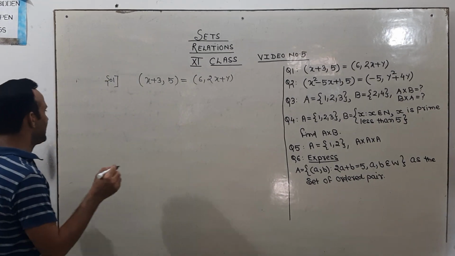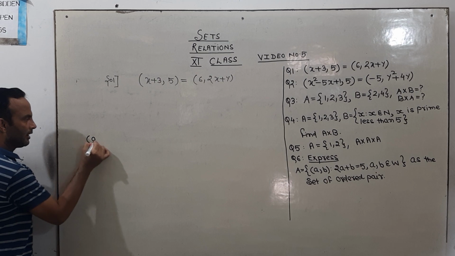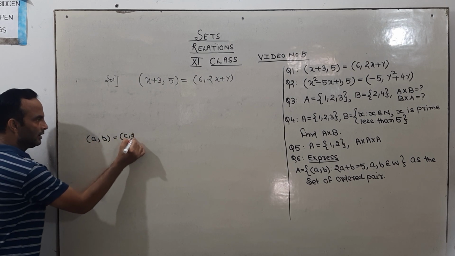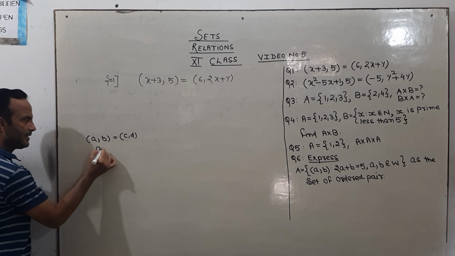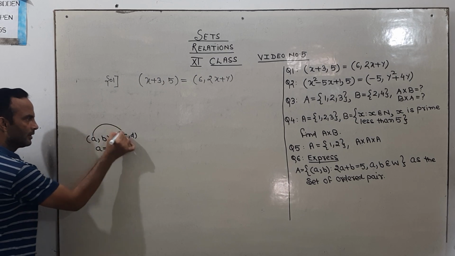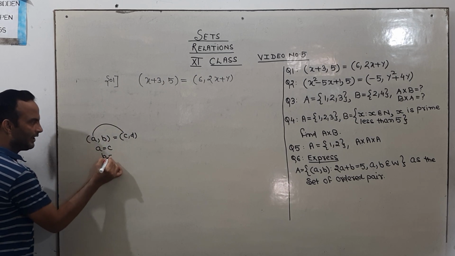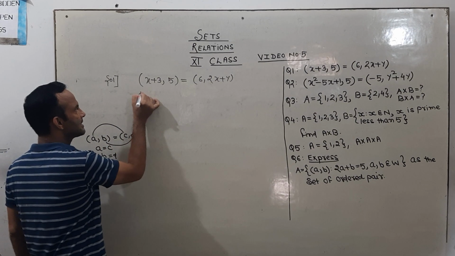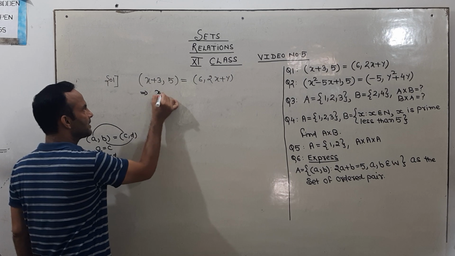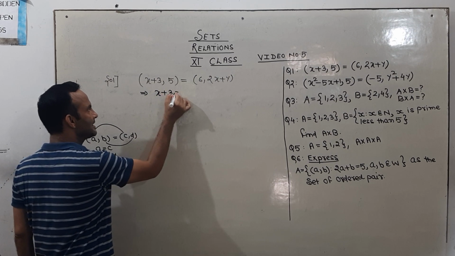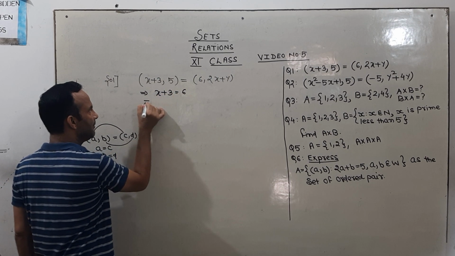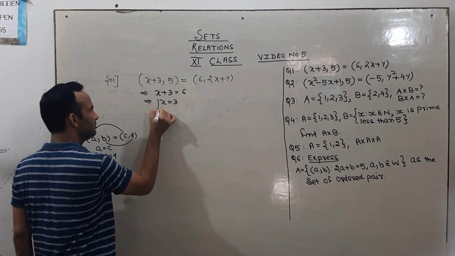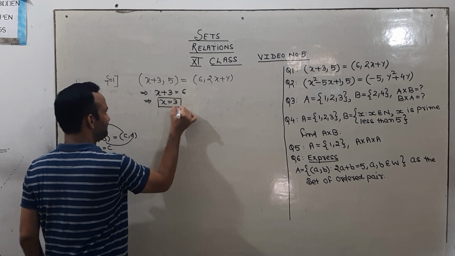My dear students, I have already discussed that if these two ordered pairs are equal, then this is possible only when A is equal to C and B is equal to D. So this implies that x plus 3 is equal to 6, implies that x is equal to 3.